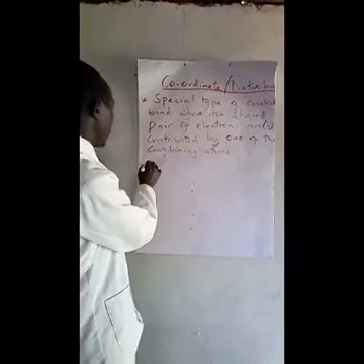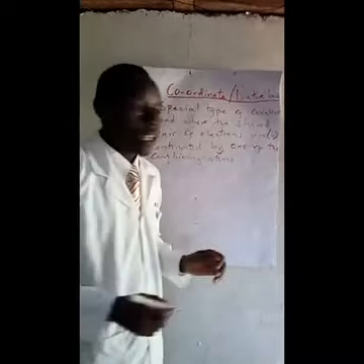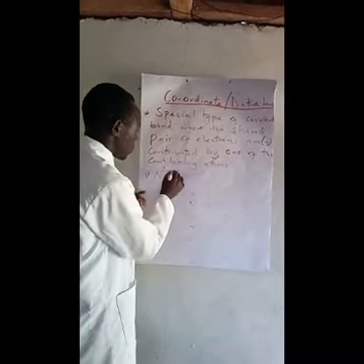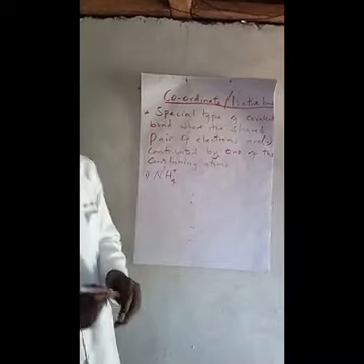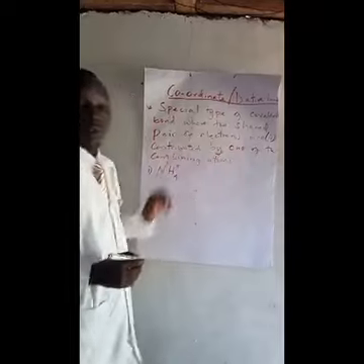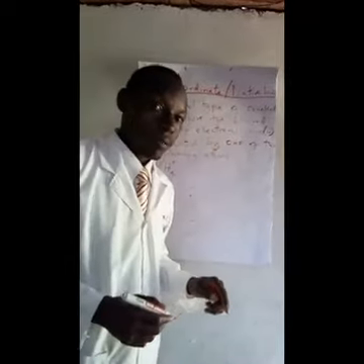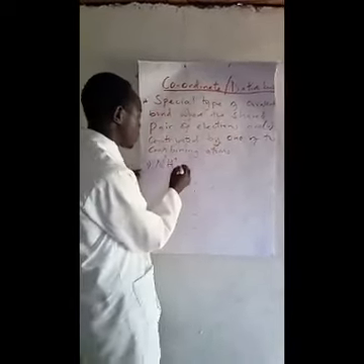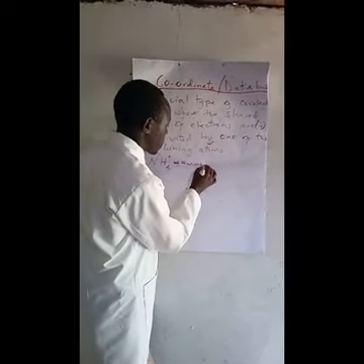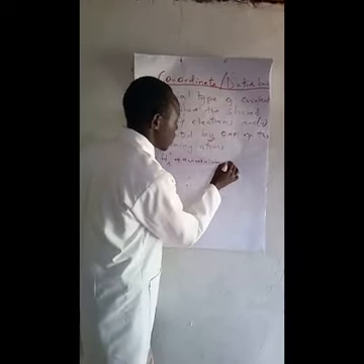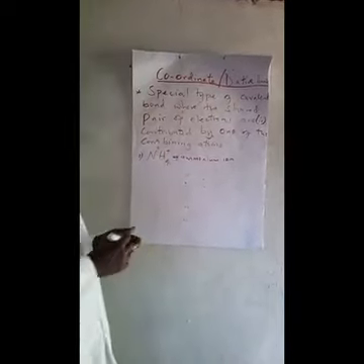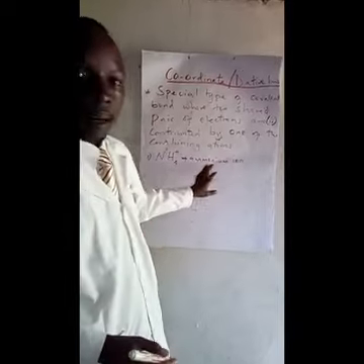An example number one is NH4. If you remember radicals, this one is called ammonium ion.